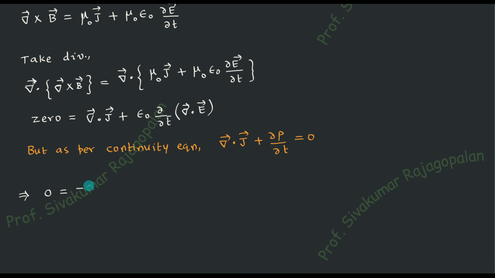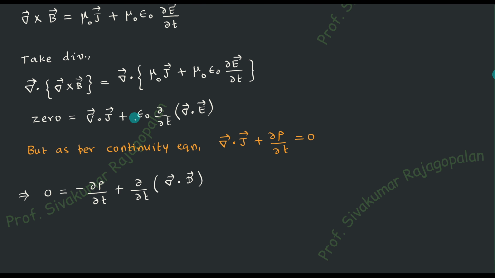So 0 equal to negative of dou rho by dou t plus the time derivative of, I am trying to take it inside and write a displacement vector D. So this is clear, right? Epsilon naught into E. What is epsilon naught into E? D. Of course, you can assume that epsilon r is also there, which is equal to 1.